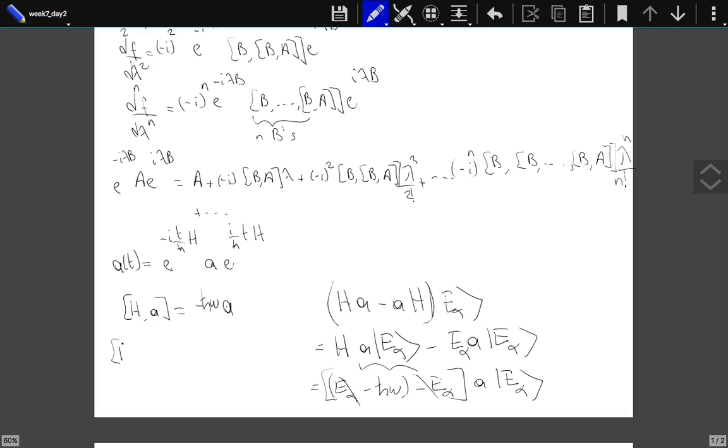So if you have H, commutator H, commutator H, A, n times, each commutator will bring minus h bar omega, and A will remain. So this is the general commutator.